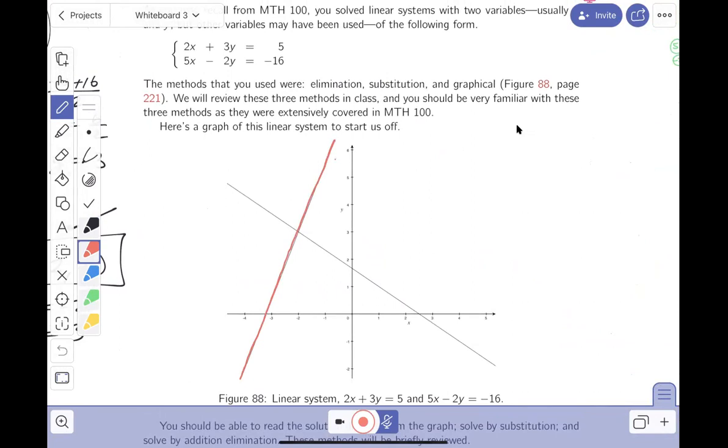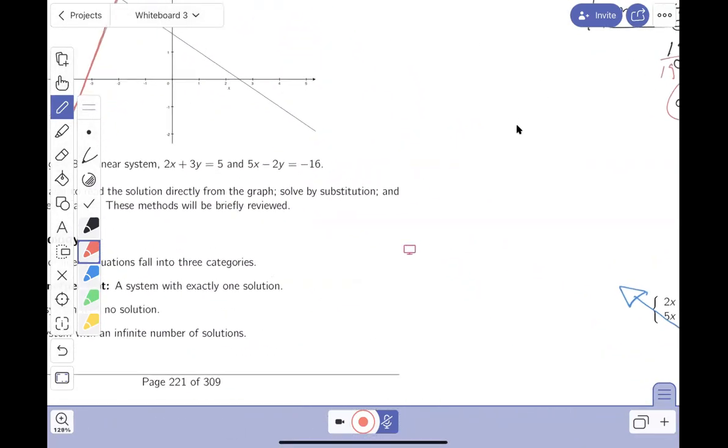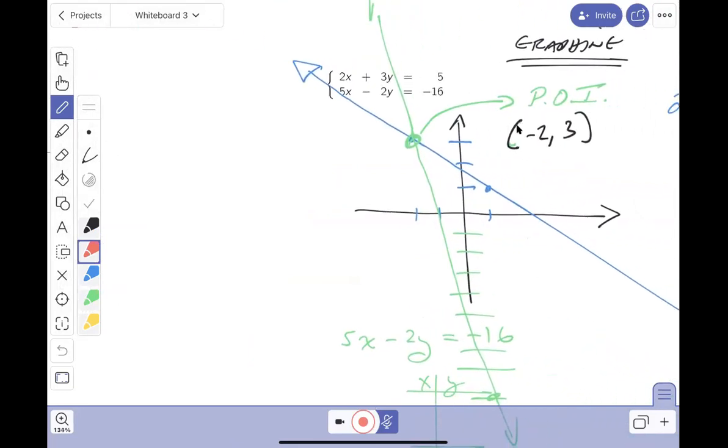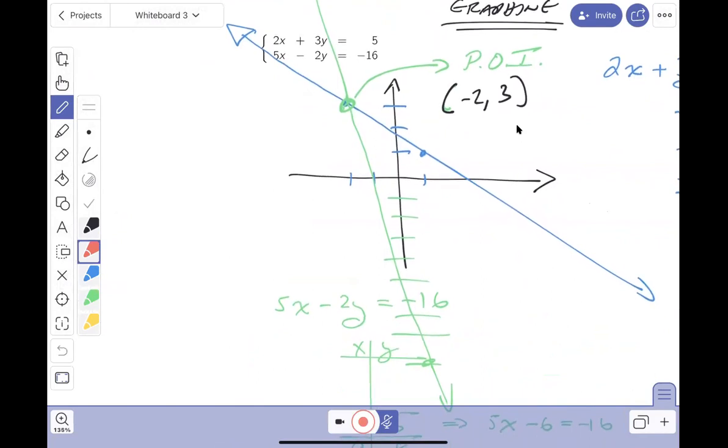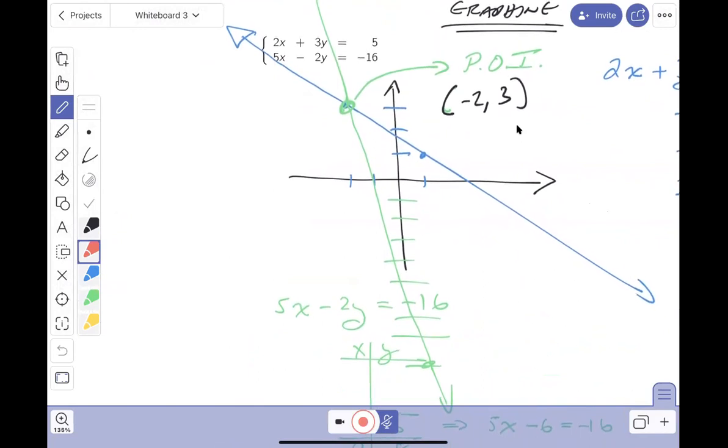What line is this? Well, let's take a look at that. You know what? I think I made a mistake in my graph. Let me go back over here. I just noticed it. My graph's not their graph, is it? Did I do something wrong here?